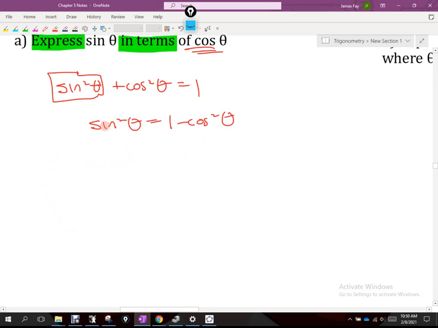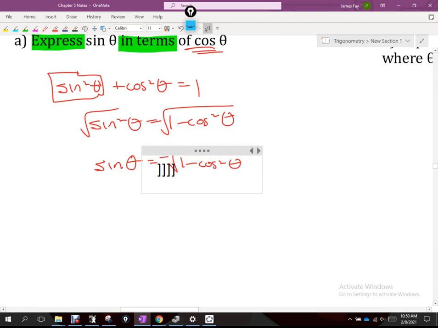Right now I've got sine squared, so take the square root. So sine of theta then, square root this side, square root that side. If I introduce a radical, what does that mean out front? Plus or minus.